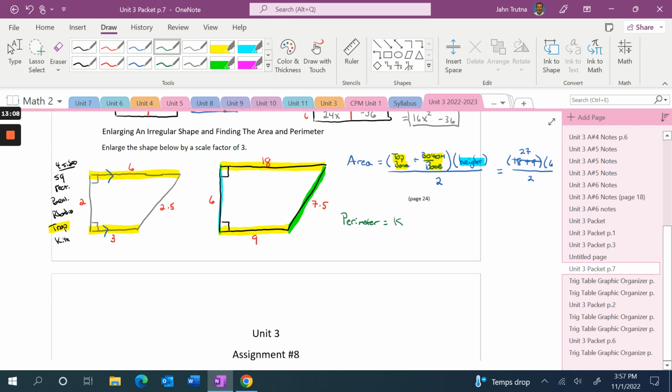So I'm going to go 18, add that with 6, add that with 9, add that with 7.5. I add all those up. Let's see, 18 plus 6 is 24. 24 plus 9 is 33. 33 plus 7.5 is 40.5. So that's going to be the perimeter of my irregular shape.